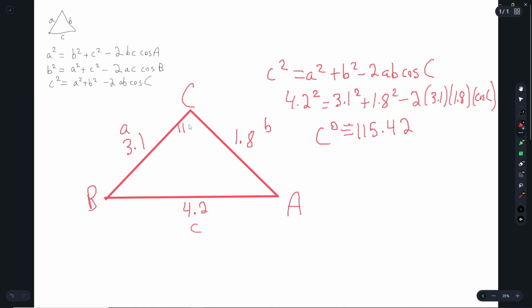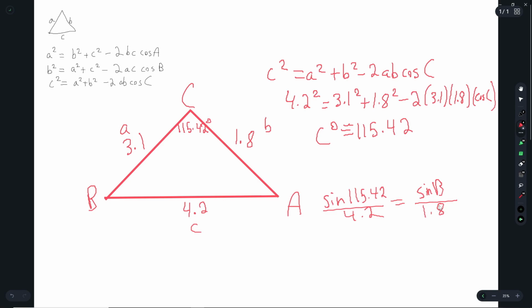So 115.42. Now we can use the sine law. So sine of 115.42 over 4.2 is equal to sine B over 1.8.